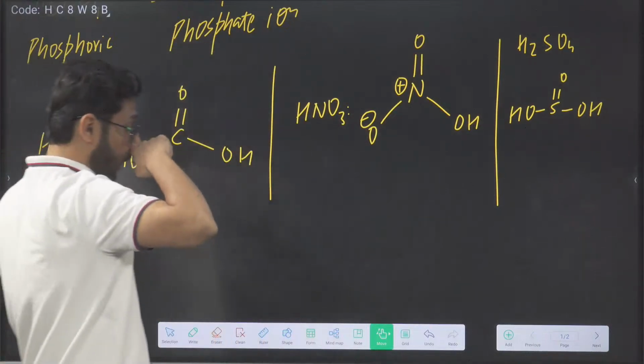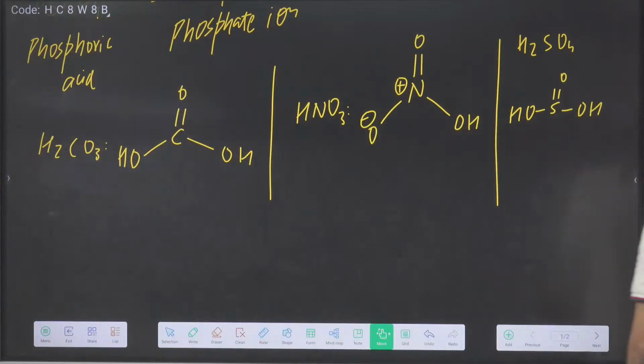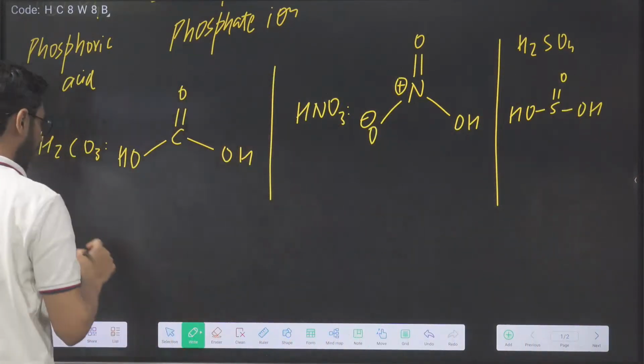HNO3 has only one OH, it can lose one H plus, becomes NO3 minus, nitrate. Sulfuric acid contains 2 OH, 2 H plus will be released, it is sulfate.